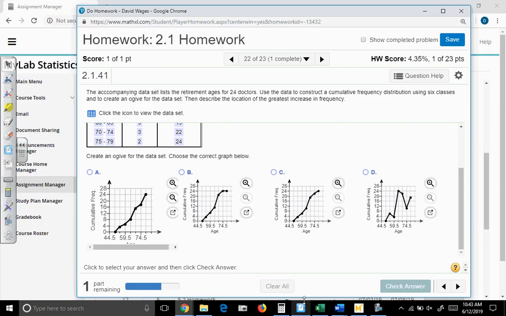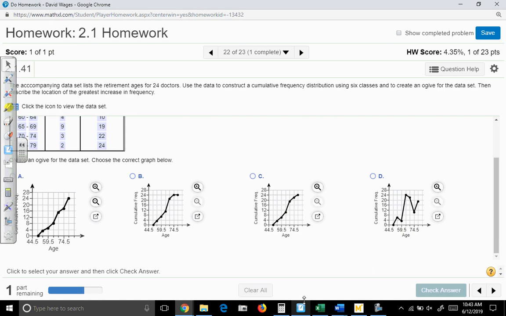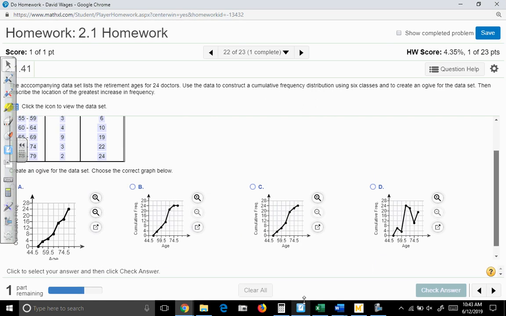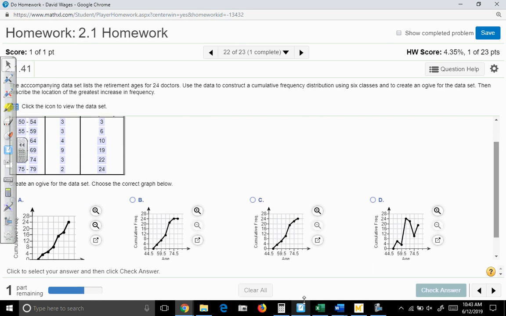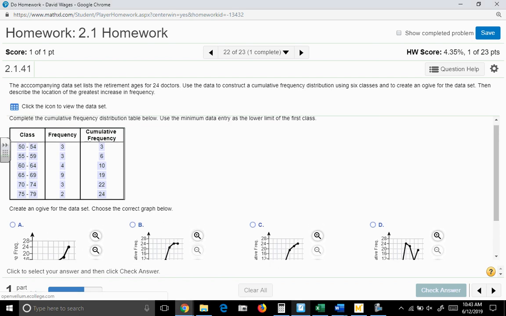So when we go to our problem, we want to look and see which one of these graphs match our data. An ogive puts a point at the value for the cumulative frequency, and it does it on the right side of each interval.